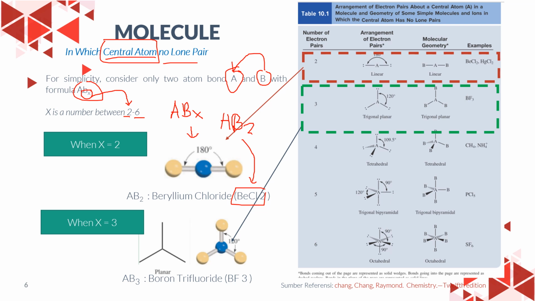BeCl2. As you can see in the drawing, this beryllium doesn't have any lone pairs.